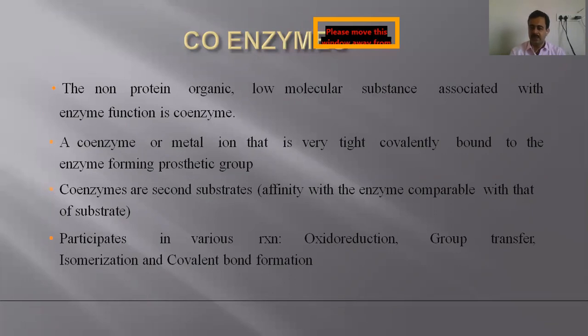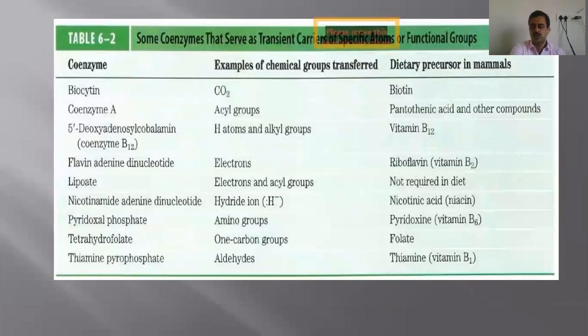Basically, the metal ions present will be helpful for uptake or giving of the particular product. Now, these participate in various types of reactions: oxidoreduction reactions, group transfer reactions, isomerization, covalent bond formation, and so forth. You can see here the coenzymes have their structures that are associated with them.